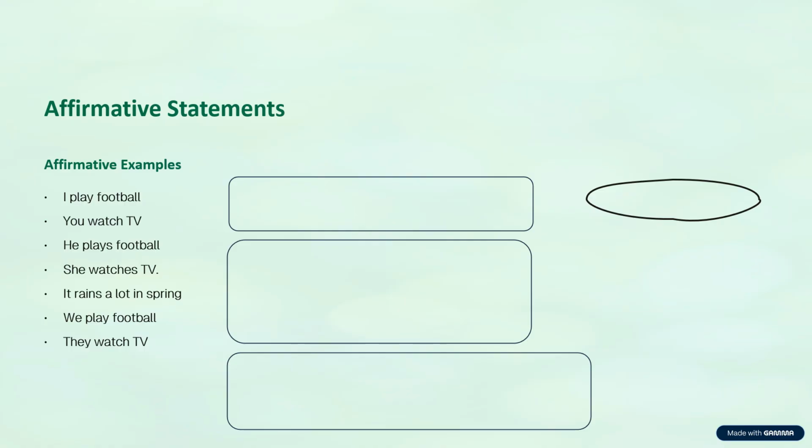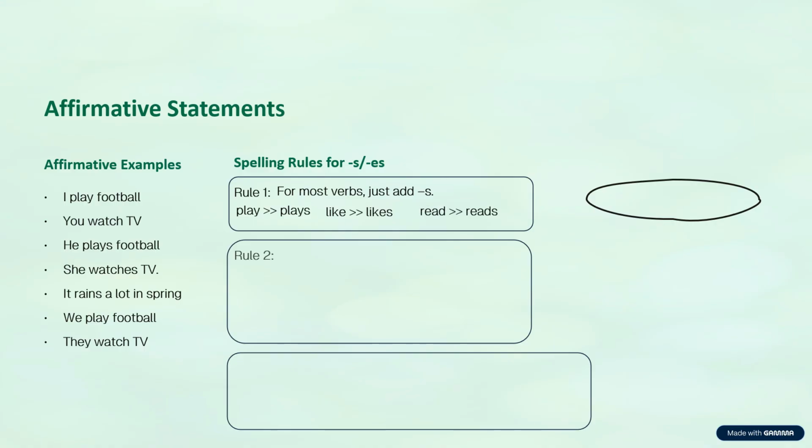Let's look at the spelling rules for adding s and es in the simple present when the subject is he, she, or it. Rule 1. For most verbs, just add s. Examples: play becomes plays, like becomes likes, read becomes reads. Rule 2.